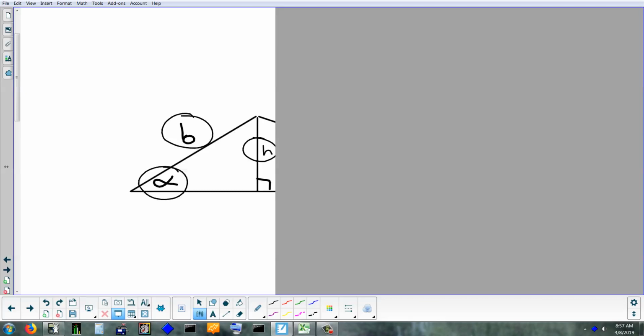So this part's going to be kind of like what we did a couple weeks ago. Look at this angle. What's the name of this angle again? Alpha. If you were standing at alpha, what do you call the side that's farthest away? We've labeled it H, but what do we call it?